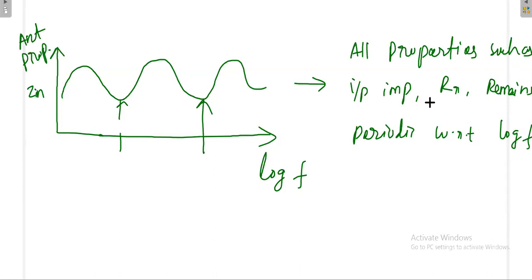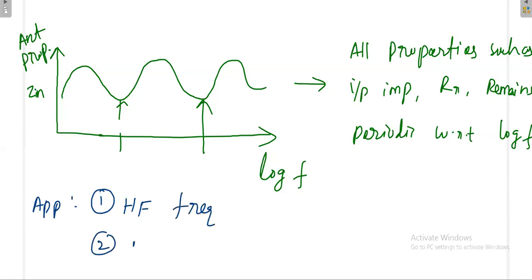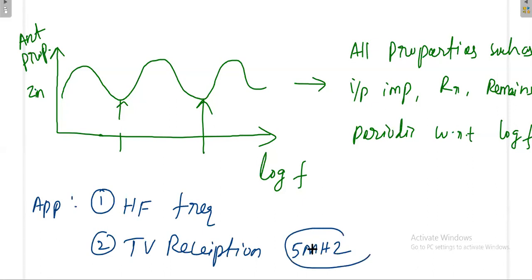So where are we using the log periodic antenna? What is the application of the log periodic antenna? One is high frequency broadband communication, and another is TV reception. For TV reception we need a broadband antenna, because TV by nature is itself broadband. The ordinary TV bandwidth, before modulation, is 5 megahertz.